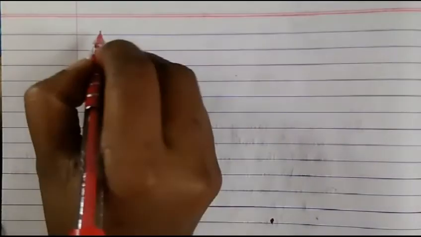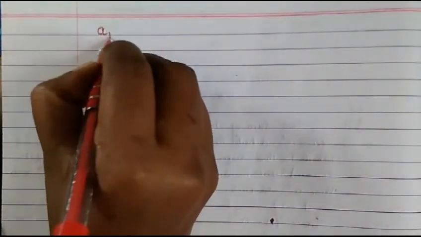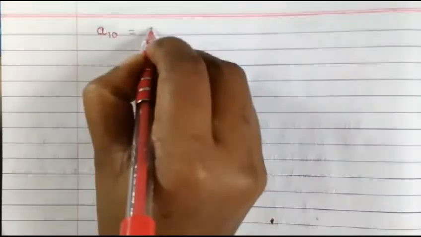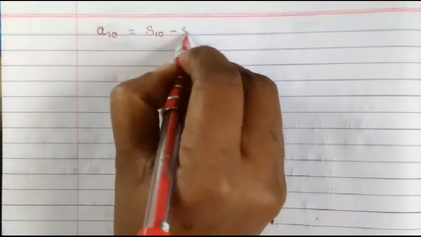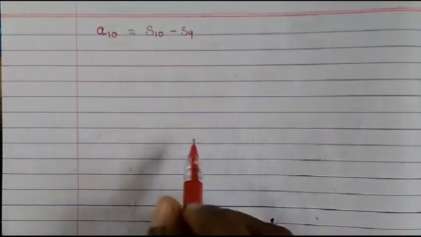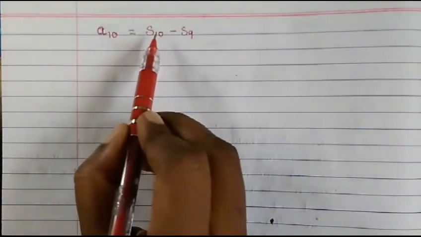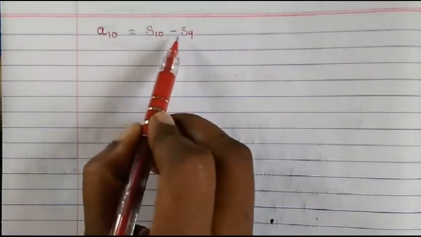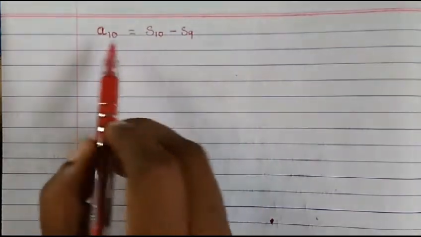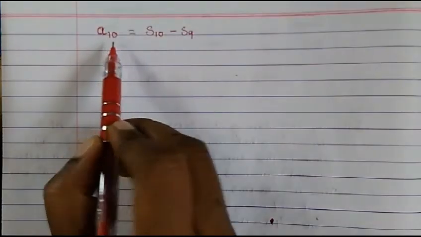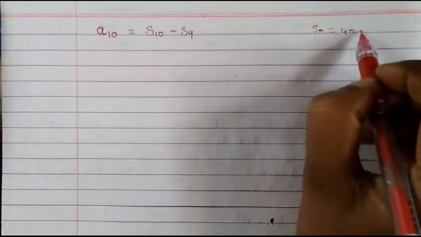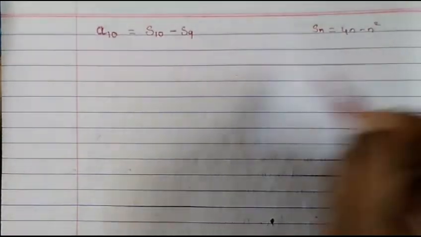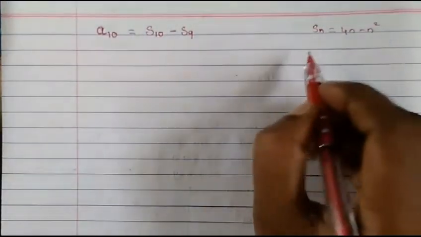In the same way, to find A10, from S10 we subtract S9, because the sum of 10 terms minus the sum of 9 terms will give you A10, as I already explained to you. Now you know that Sn is given to us, that is 4n minus n square. We want to find S10.